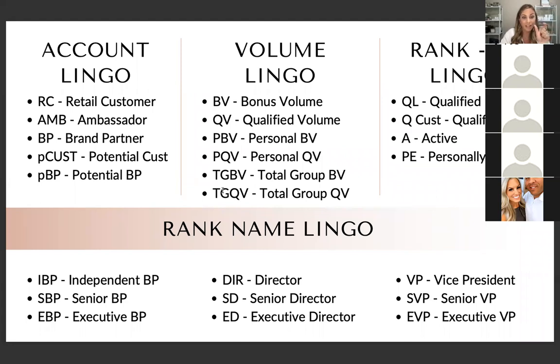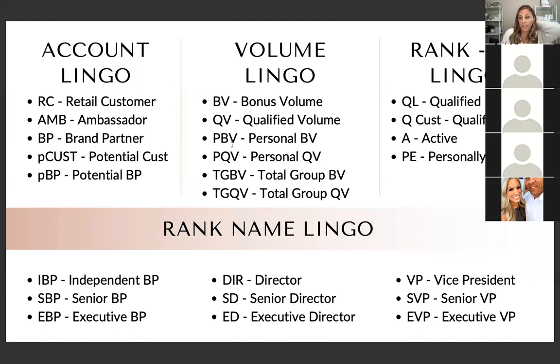So the BV is going to stay the same, but sometimes we may give you extra QV on something so that it helps you guys promote, because the Q stands for qualified. That's the thing that you're going to look at when you are looking to promote. Okay. B is what you get paid on. Q is the volume that you get to use to count towards promotions, to qualify for a rank.